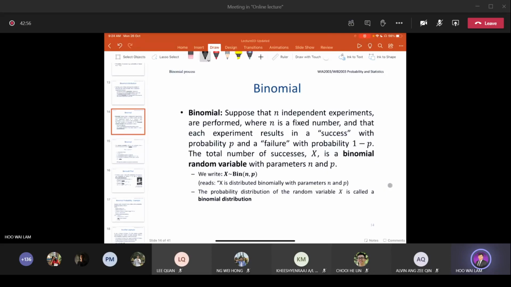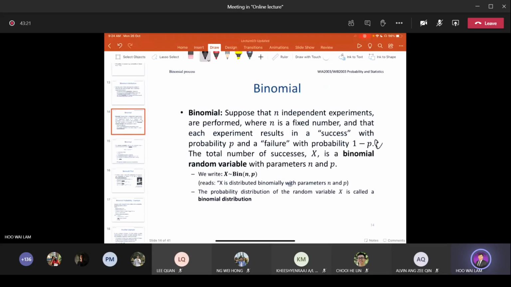The total number of successes, X, is a binomial random variable with parameters n and P. We write it as X ~ B(n, P), a simplified form. X is distributed binomially with parameters n and P.